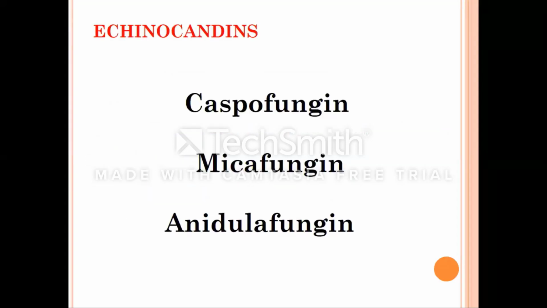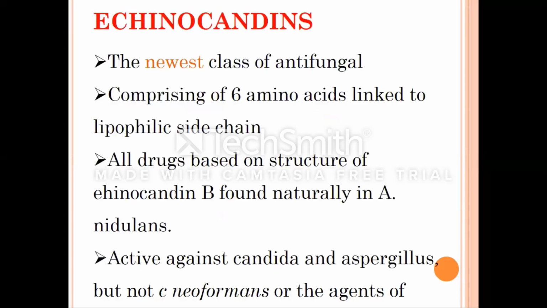Now we are moving to the next category of drug. Azoles are over, and we are moving to the next category of drug, which are called echinocandins. The drugs which fall under this category include caspofungin, micafungin, anidulafungin. Echinocandins are actually the newest class of antifungal drug.